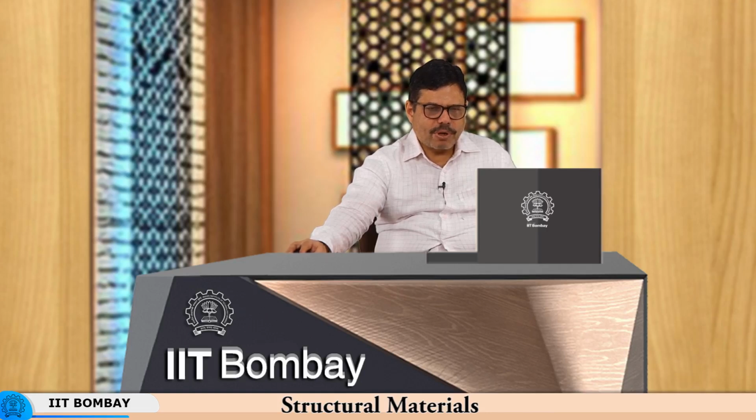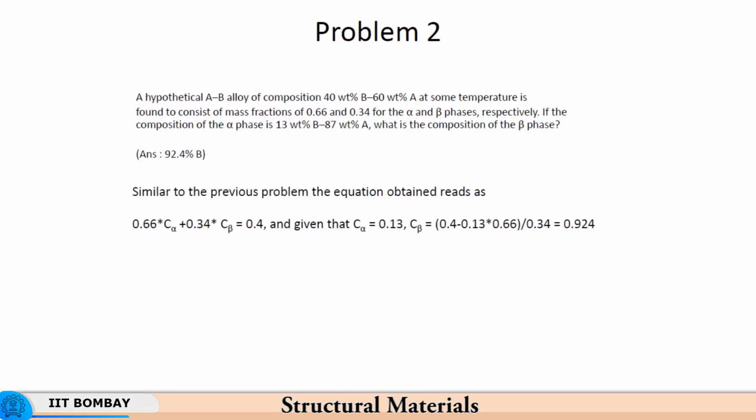Similar to the previous problem, we obtain a similar equation, because the mass fractions are now given earlier. It is 0.66 and 0.34, that is W alpha and W beta, and the composition of alpha phase is also given.